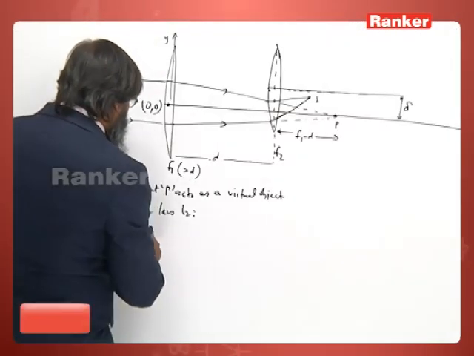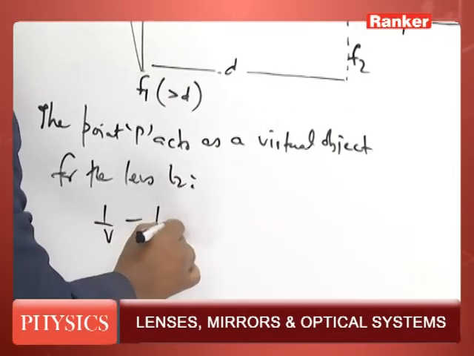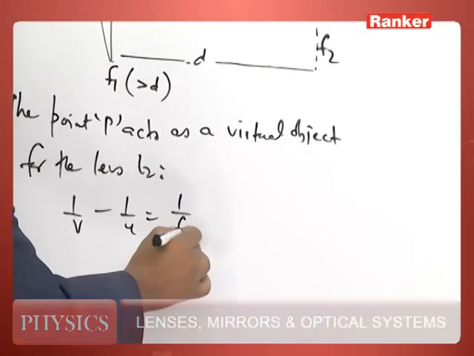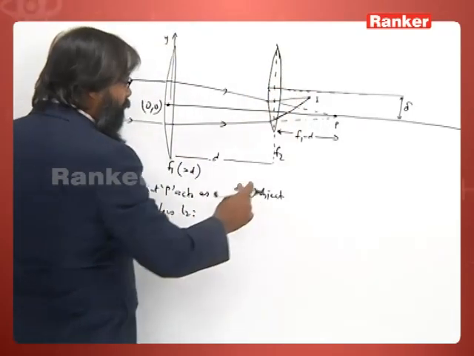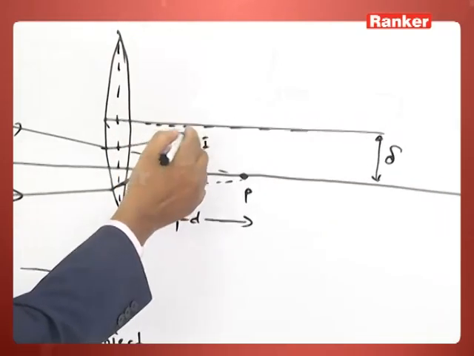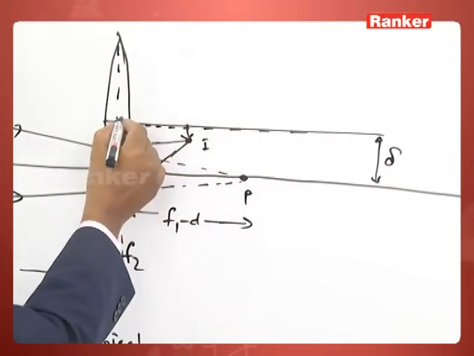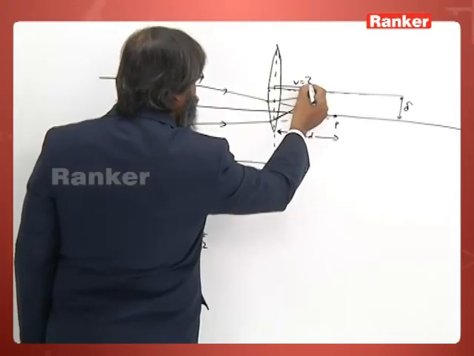Using the lens formula, 1 by v minus 1 by u is 1 by f2. What is v? v means this distance, this position, this is v. This we have to determine.